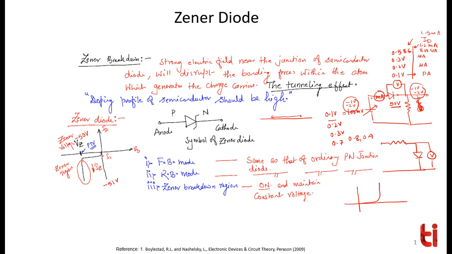Very, very important thing. Even if you apply -55 volt, you will get the 50 volt across the diode. Why? Because 50 volt is the breakdown voltage, meaning now the current will increase, the voltage will not increase. Okay, this is the main.